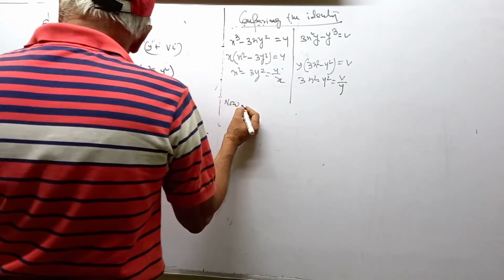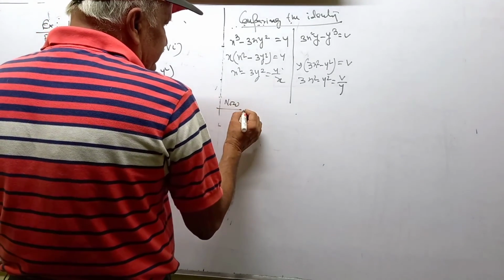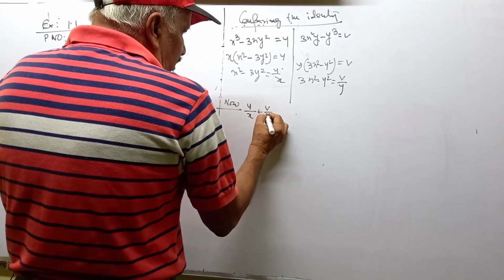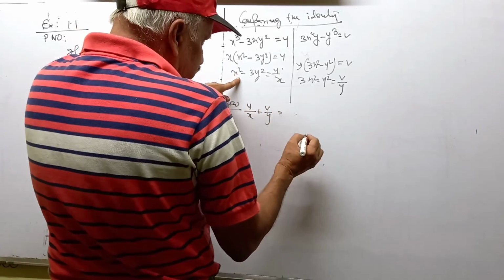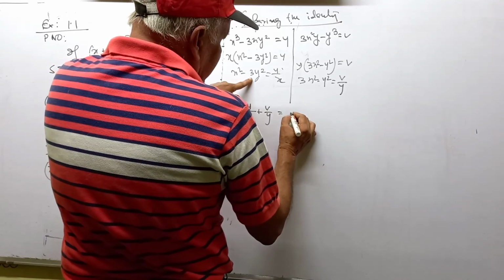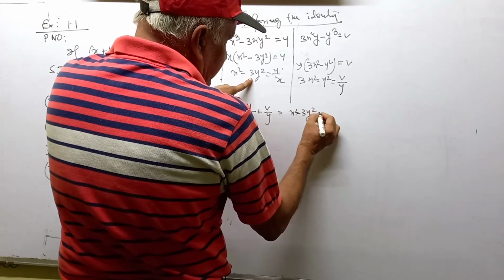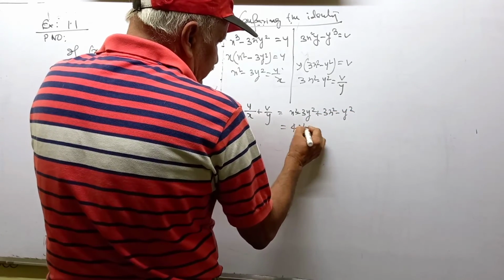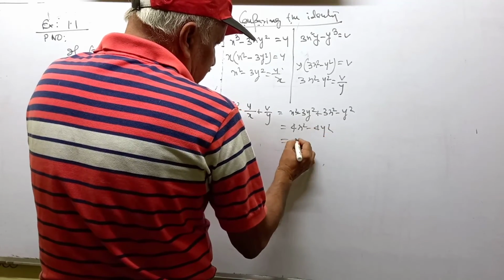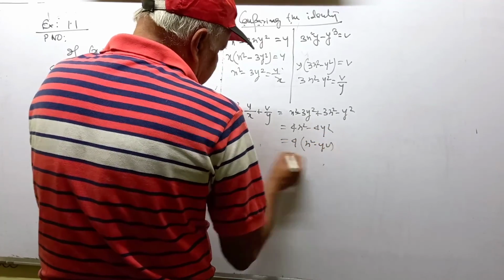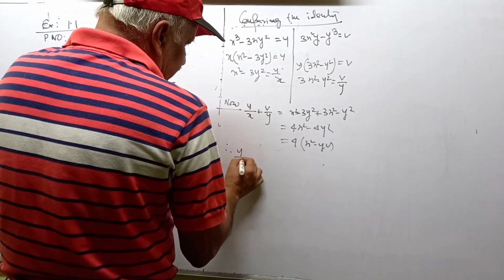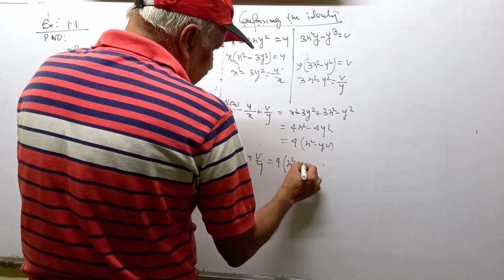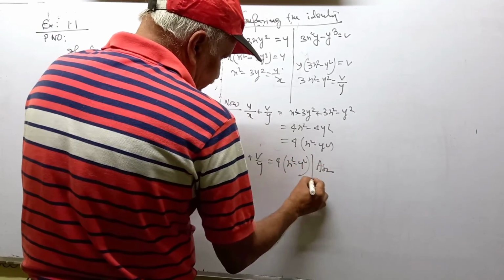Now adding, the left hand side is y by x plus v by y, equal to x square minus 3y square plus 3x square minus y square, equal to 4x square minus 4y square, equal to 4 times (x square minus y square). Hence y by x plus v by y equal to 4(x square minus y square) is the answer.